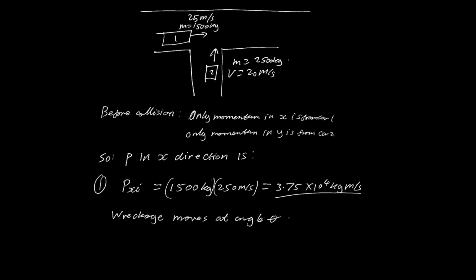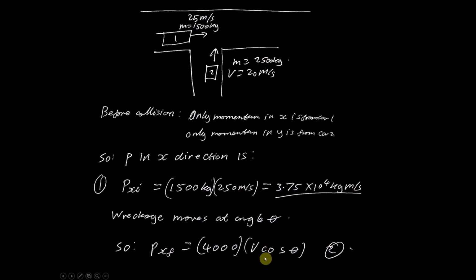The wreckage then moves at angle theta. That means the wreckage afterwards is going to move at some pxf, some final momentum. This is going to be 4,000. Now that's 4,000 here because this is the 1,500 kilograms of car 1 added to the 2,500 kilograms of car 2, times the final velocity, which is going to be some new velocity vf, times the cosine of theta because it's the x component of this velocity at an angle.